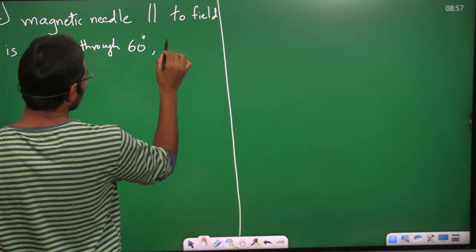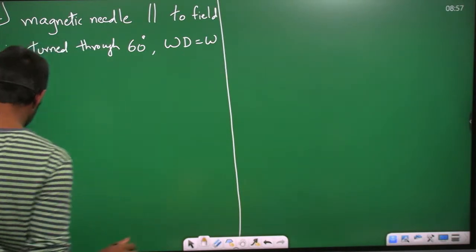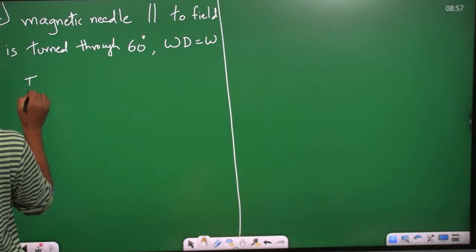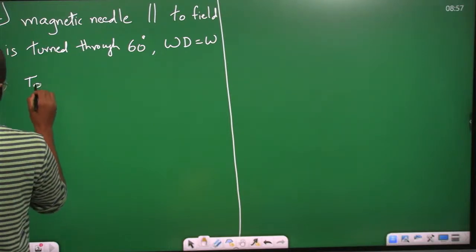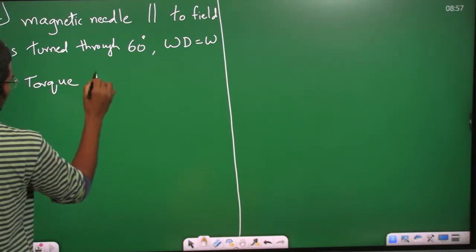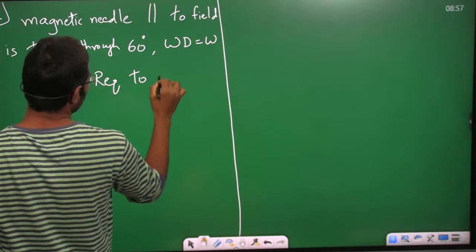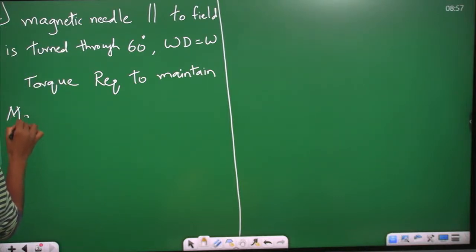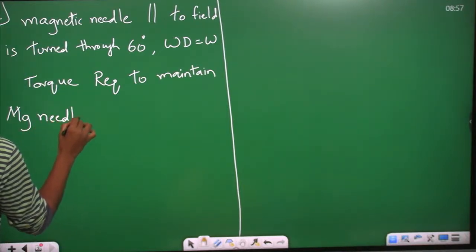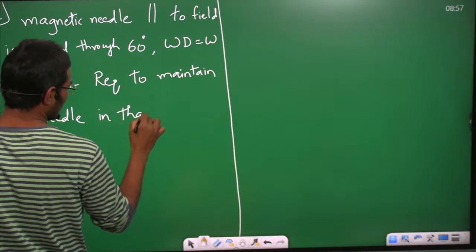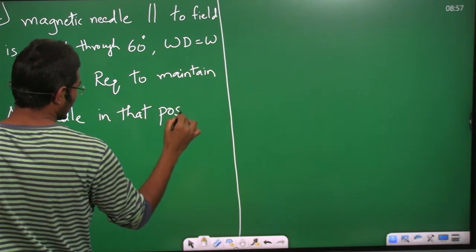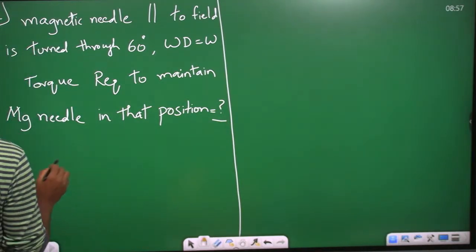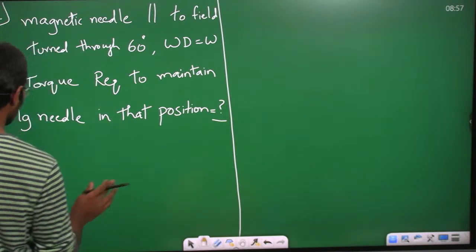The work done is W. The torque required to maintain the magnetic needle in that position will be, write in terms of W. So you will try to get the answer in terms of W.